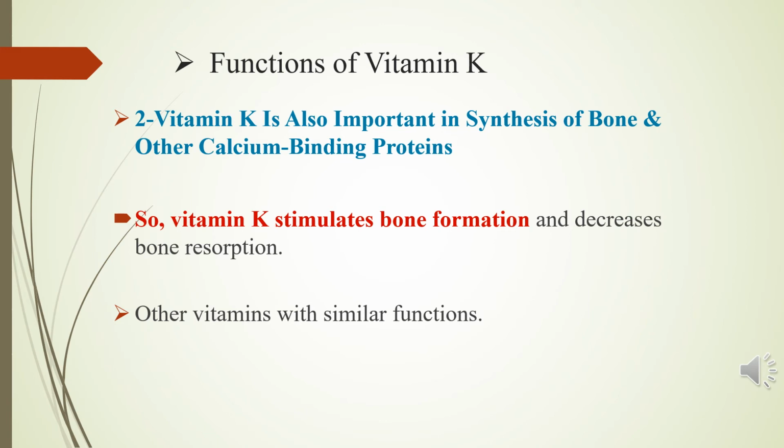Other vitamins with similar functions, as also vitamin K, is vitamin C, which is required for bone formation. Also, vitamin A and vitamin D are of specific importance for bone metabolism, especially during bone formation. And this is mentioned in other lectures.